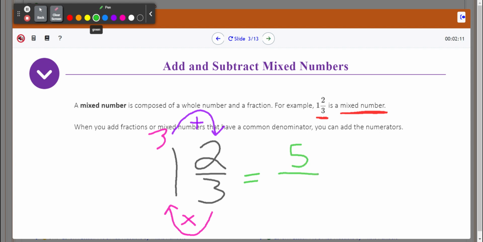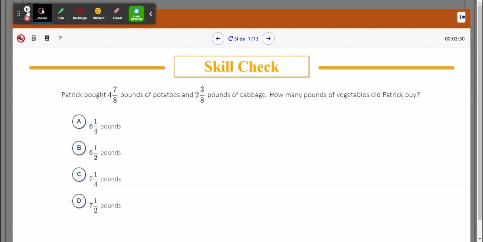The denominator doesn't change. You just slide that 3 right over. So 1 and 2/3 is equal to 5/3. That's your first step. If you want to add and subtract mixed numbers, you have got to convert from a mixed number to an improper fraction.